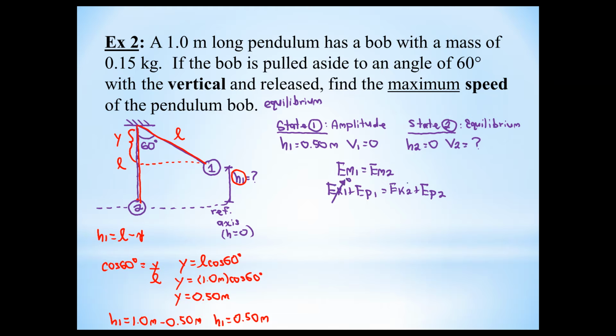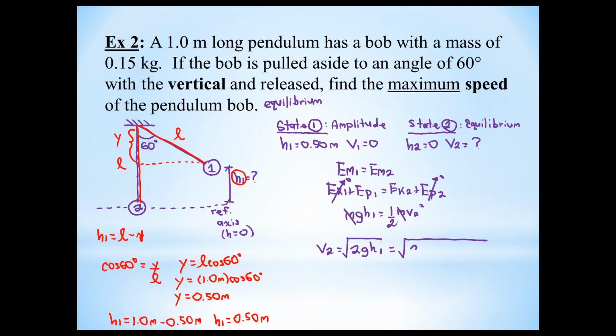At state 2, I don't have any height, so get rid of the potential energy term. So it's going to turn into mgh1 is equal to 1/2 mv2 squared. I actually could have just reused the same equation from part A of example 1. It's the exact same calculation once you know what the height is. And that equation was v2 is equal to the square root of 2gh1.